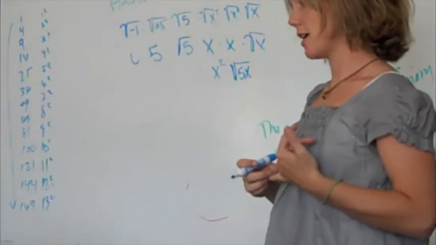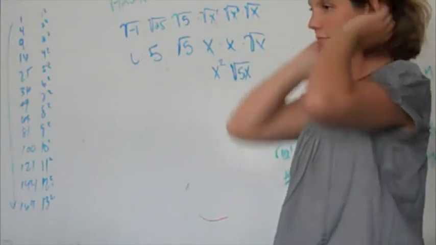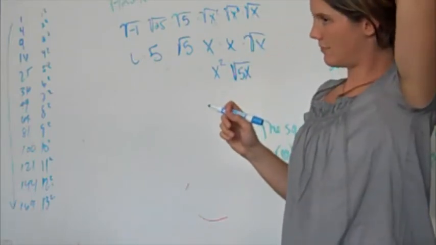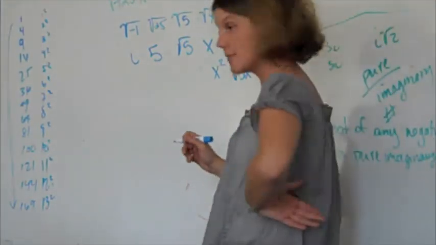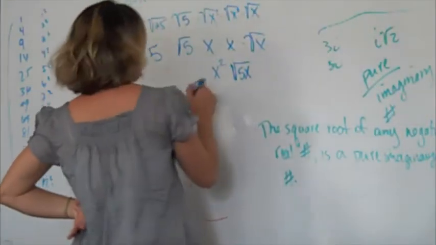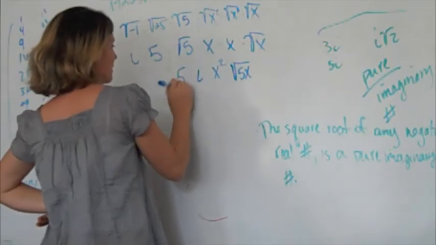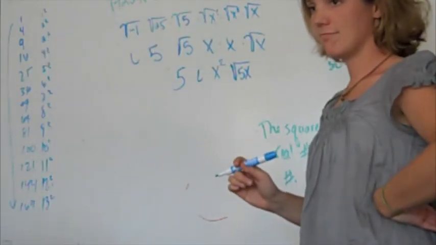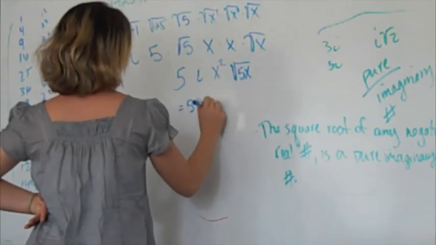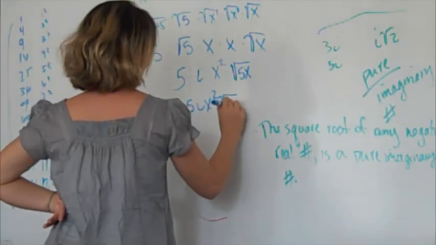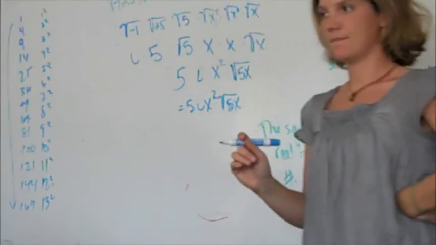And what else, Jason, can I stick together? The 5 and 5. Yep, the 5i, right? And that's going to also go with this x. Yeah? Simplify, just get rid of your dots. Okay?